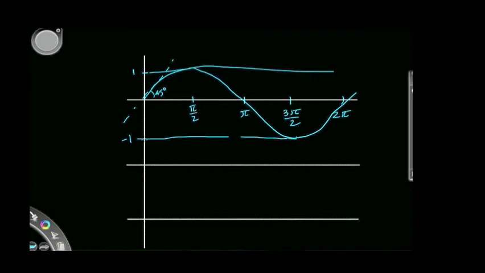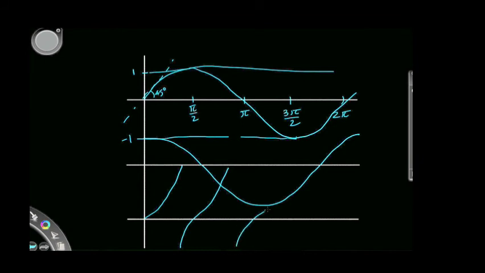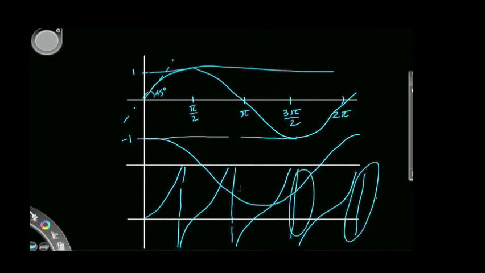Cos theta is the same graph, but it's phase shifted sine theta. And tan theta is like this. This is not part of the graph.